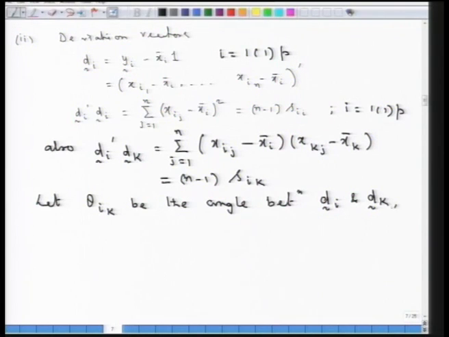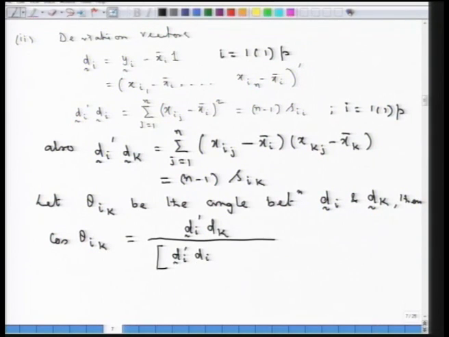Then the cosine of theta_ik is given by d_i prime d_k divided by d_i prime d_i, for the ith vector, into d_k prime d_k, whole raised to the power half.